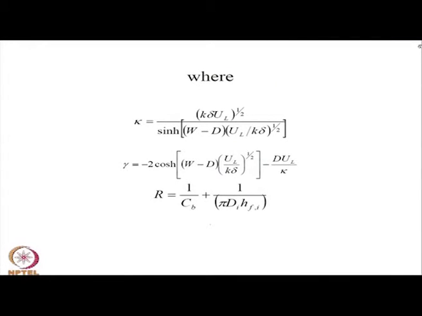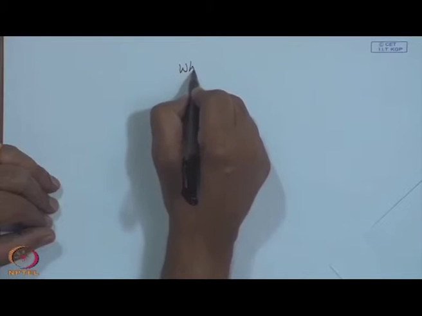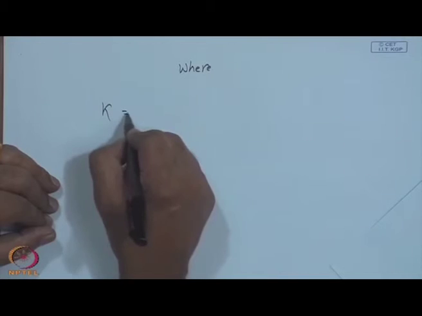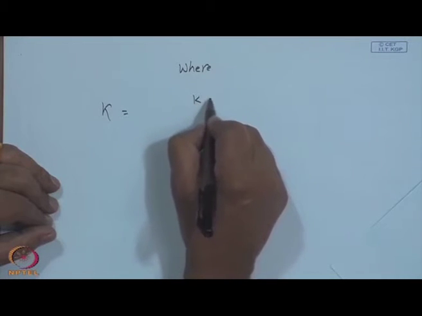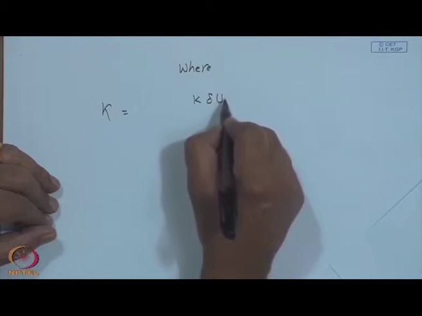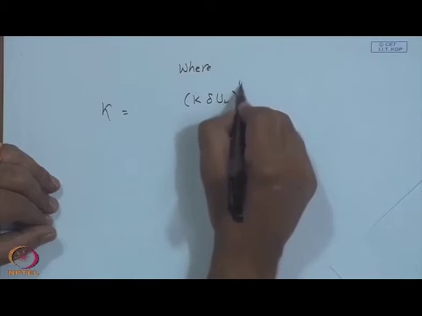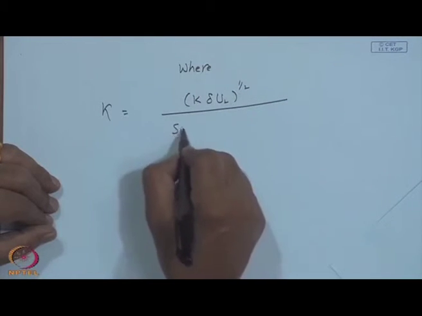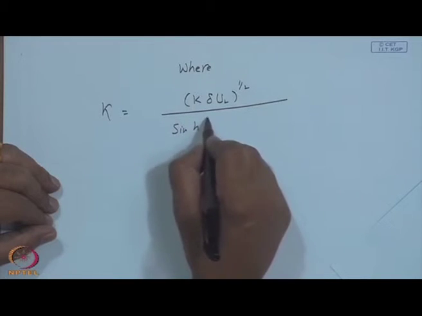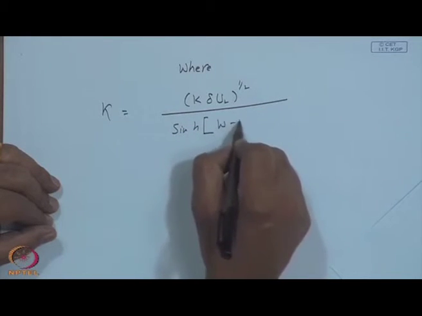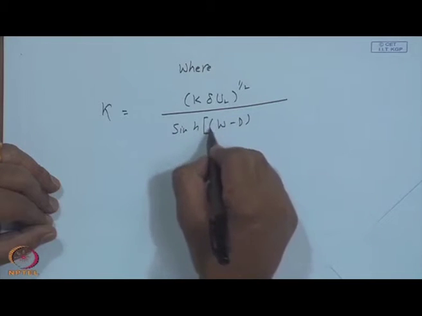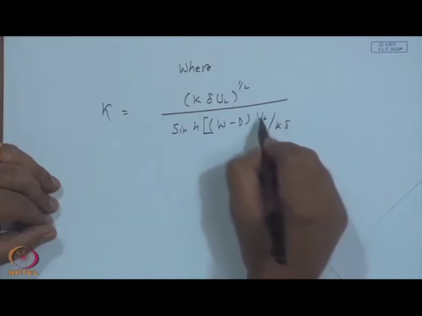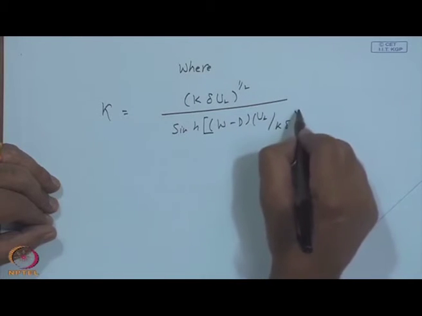Yes, where the parameter kappa is defined as k delta UL to the power 1/2 by sine hyperbolic W minus D times UL by k delta to the power 1/2.